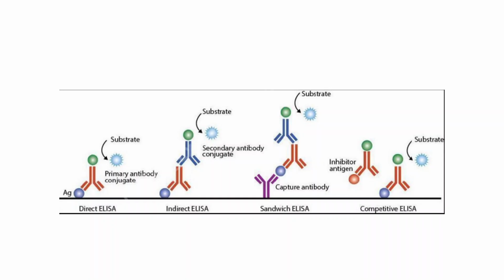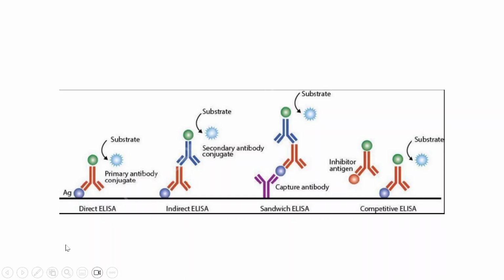Again we will wash the plate for removing any unbound fraction. So if there is no bound primary antibody, we will not see any secondary antibody reaction also. If there is bound primary antibody, that means if the antigen is reacting with the primary antibody, only then we will see the secondary antibody reaction also. So that is indirect ELISA.